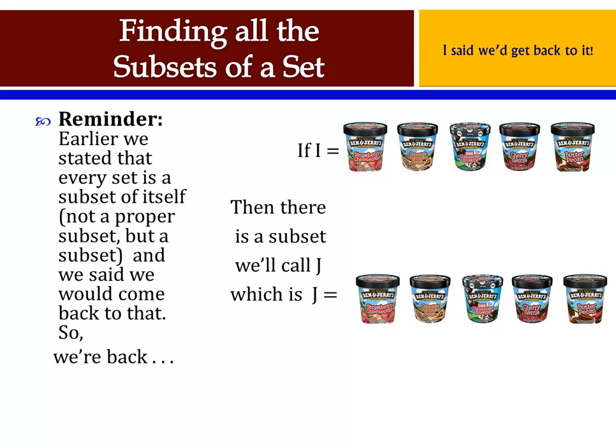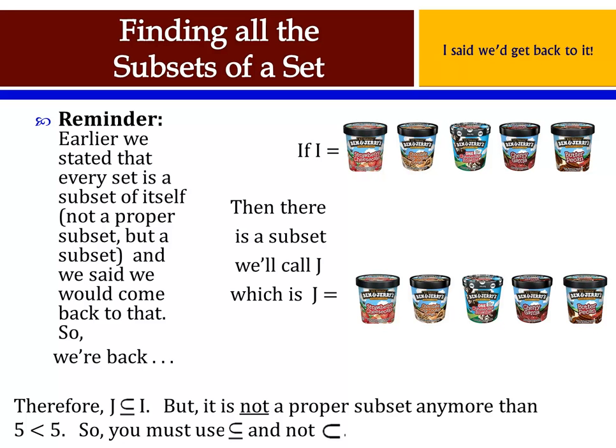Then there is a subset that we'll call J, which is J equals strawberry shortcake, chocolate chip cookie dough, cheesecake brownie, cherry Garcia, and butter pecan. So we can say that J is a subset of I. But remember, it's not a proper subset any more than 5 is less than 5.